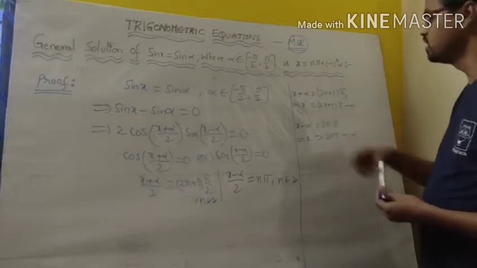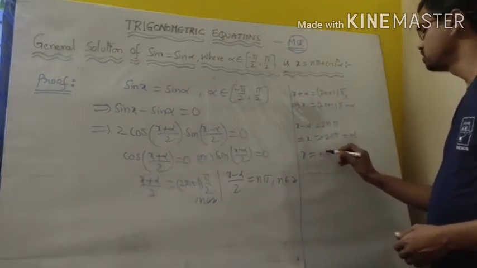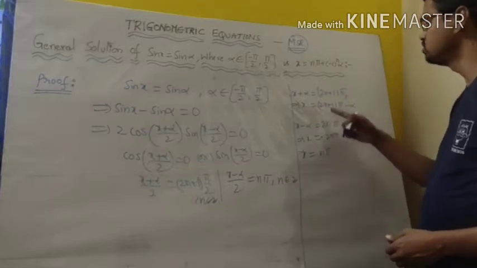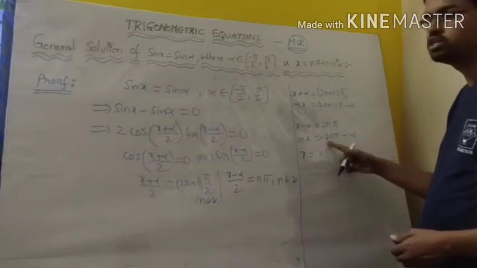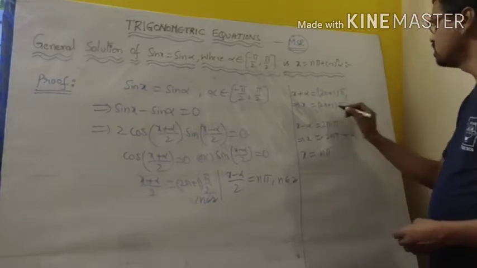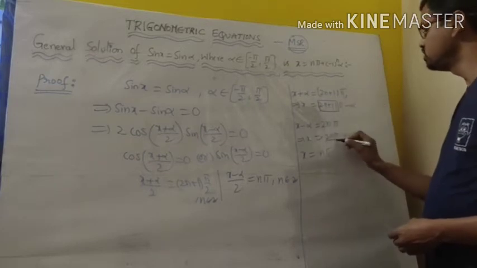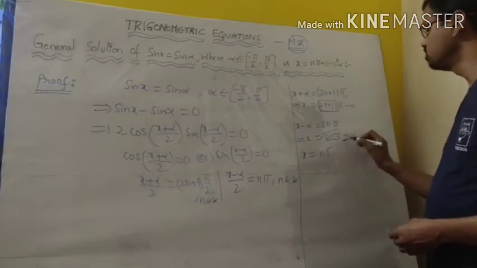So we combine them like x equals n pi, where n is any integer. We are combining odd multiples of pi as well as even multiples of pi, writing as n pi. When it is odd multiples of pi, we get a minus sign, and when it is even multiples of pi, we get a plus sign.